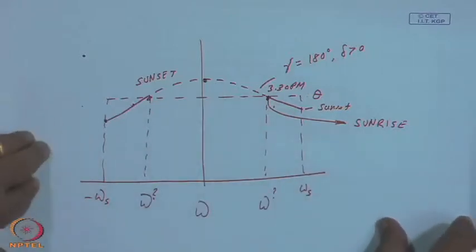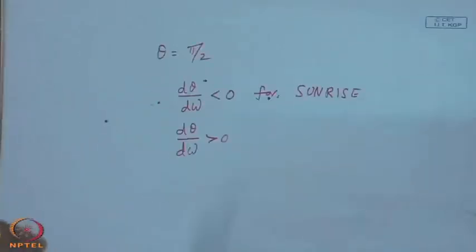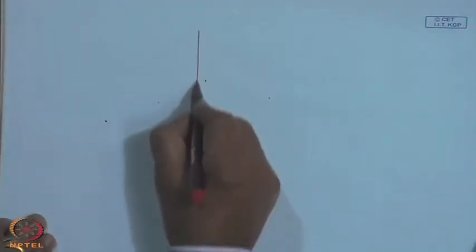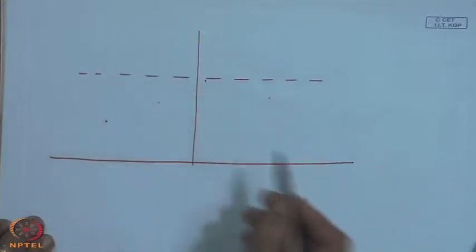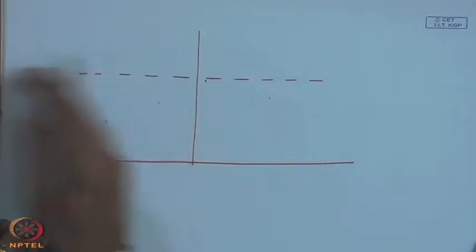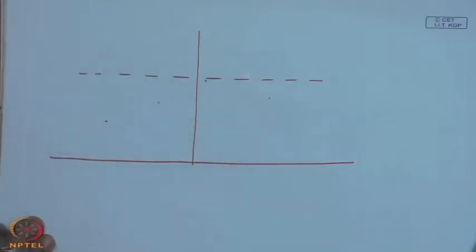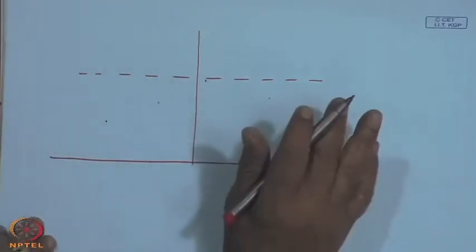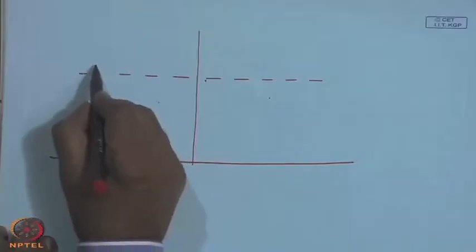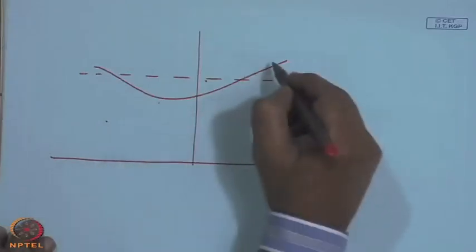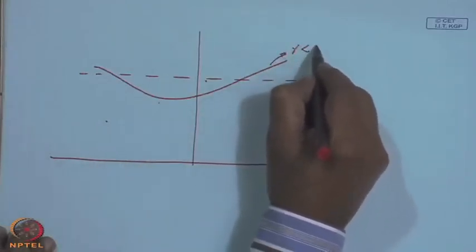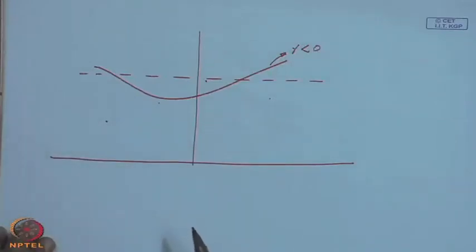Now, if this is the situation, in general, if gamma is neither 0 nor 180, I will not be showing omega s anymore. It is understood it will be limited to omega s if it is more magnitude wise. I can easily say this is for gamma less than 0.